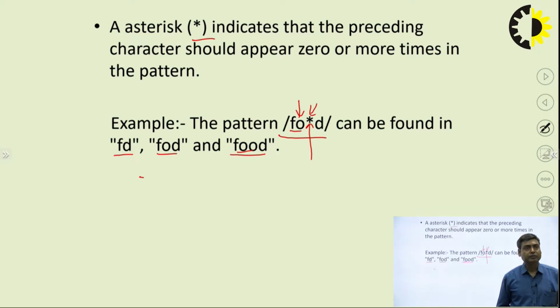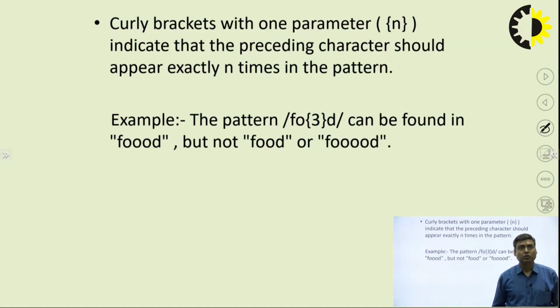Next, going ahead, there are many other features of the regular expression to define the pattern. One of the features is that you can define a value in curly brackets. What is the meaning of defining a value in a curly bracket? It indicates that the preceding character should appear exactly n times in the pattern. Now you can see this regular expression.